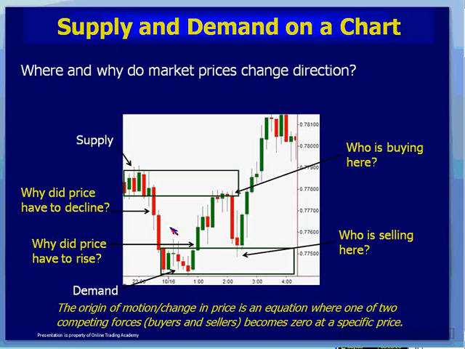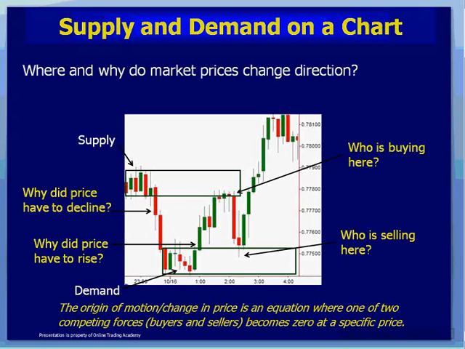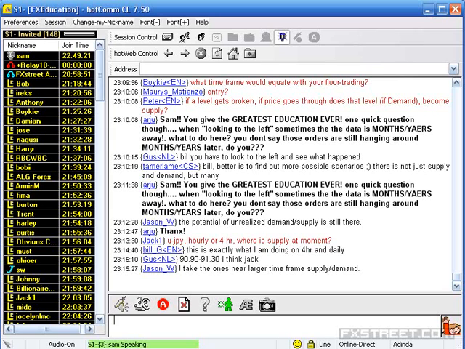But what if in the larger time frame you're much closer to larger time frame supply than you are to larger time frame demand? Well, then that level's probably not going to work, right? So knowing where you're at in the big picture, I see Jason's kind of pointing that out here. Yeah, knowing where you're at in the big picture is key, right?